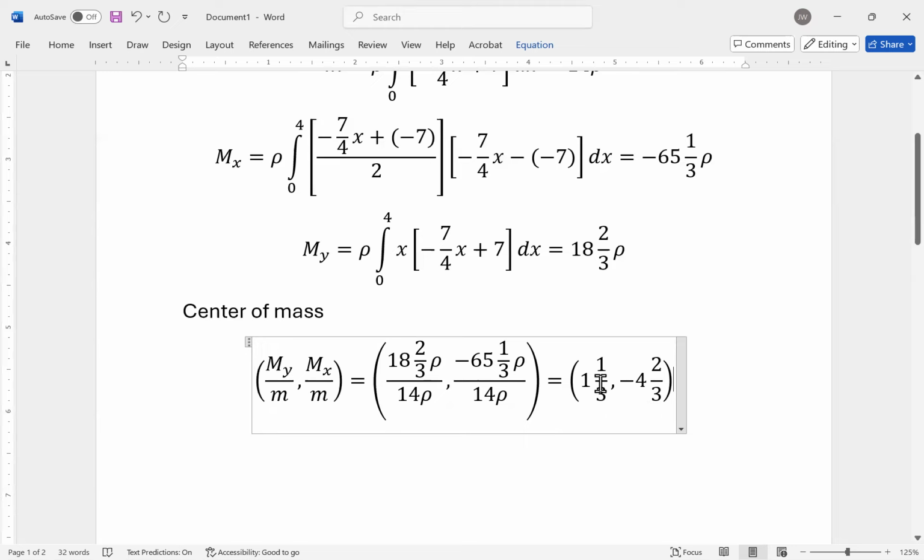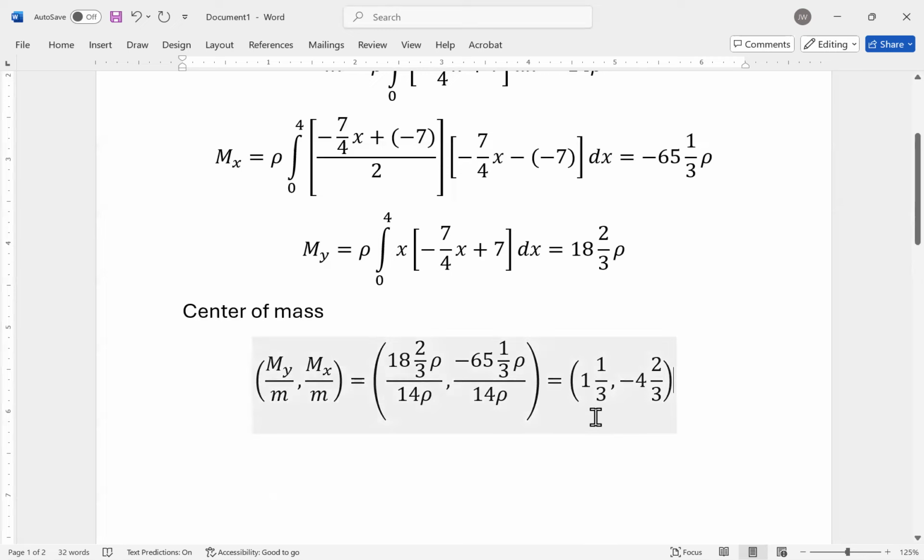Or again, I'd probably ask people to round it to a couple of decimal places if I were typing this into Moodle or some other learning management system. But there we go. That's the idea there.